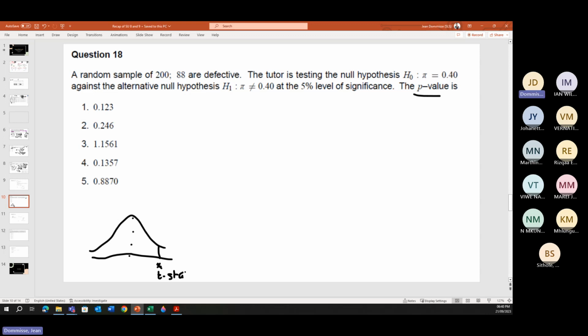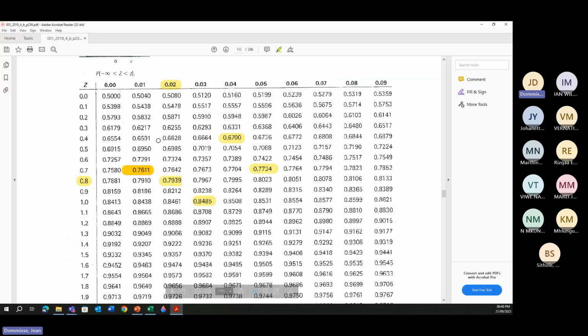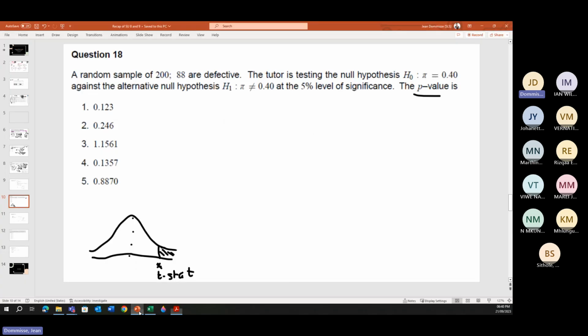Because if we get the t-stat, we can go to the Z table, and then we can get the value that we want from that Z table, so that we can get the p-value. Okay, so that's how we want to get to it. That brings us back to how do we then calculate the t-stat.